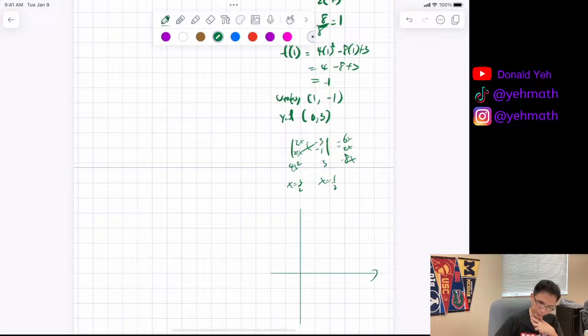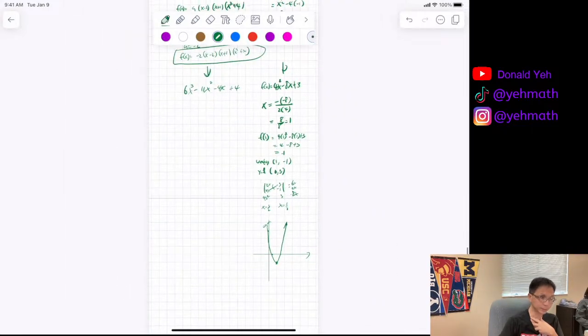So the graph of this is going to be here, here, here, here, and the graph of this. And this is on the SAT, so I'm going to keep testing you until you understand them.